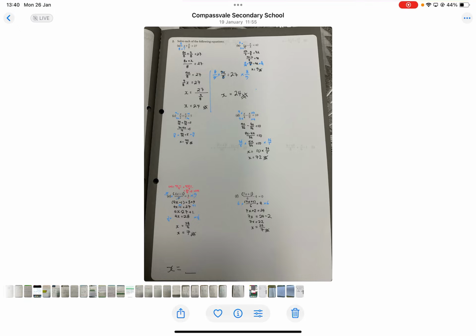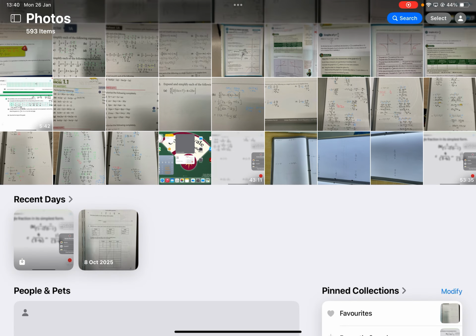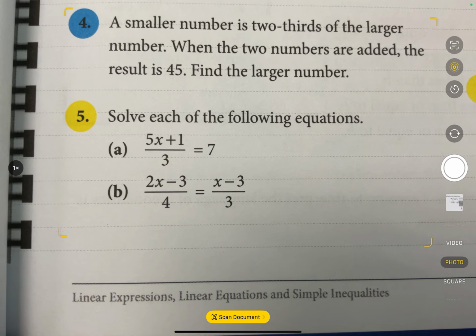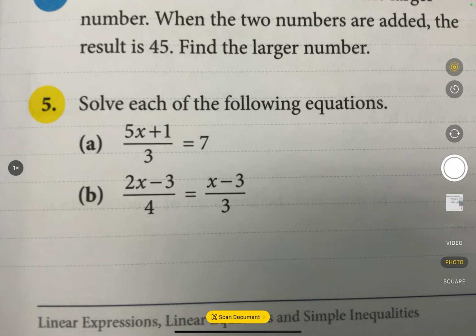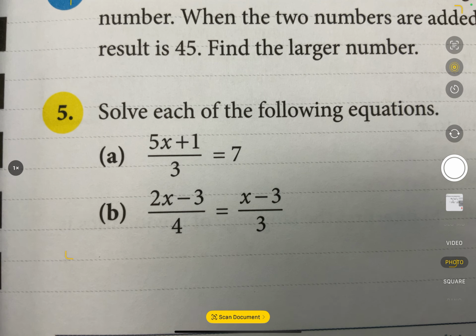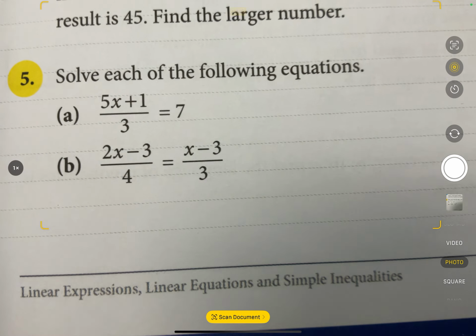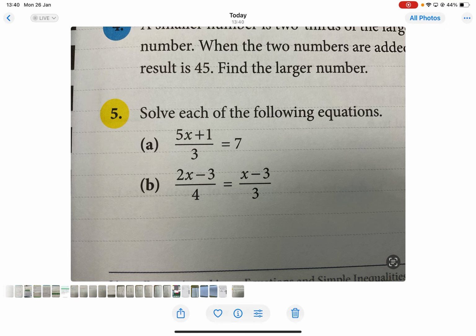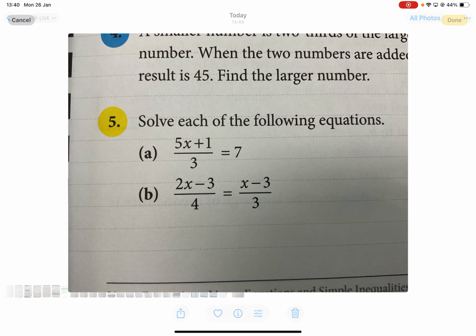If you have your textbook, try this question. Page 11, 5A. Page 11 on your textbook, 5A.